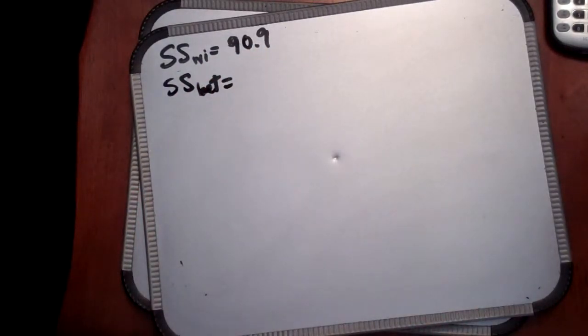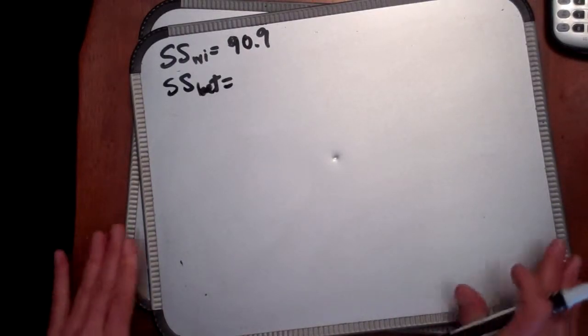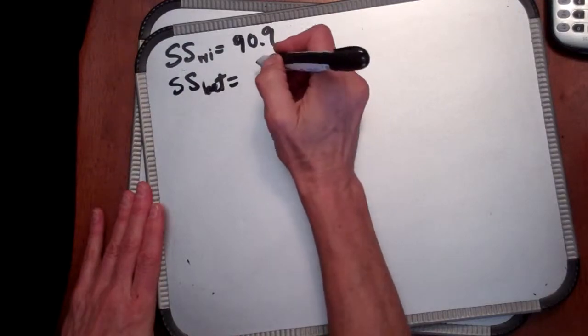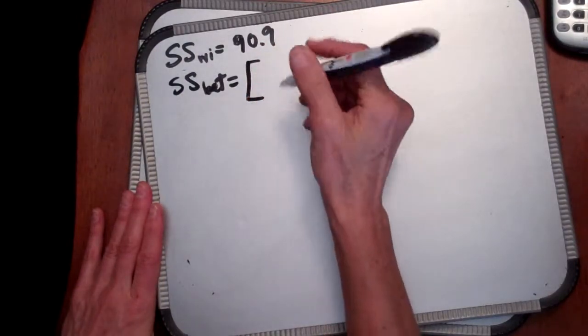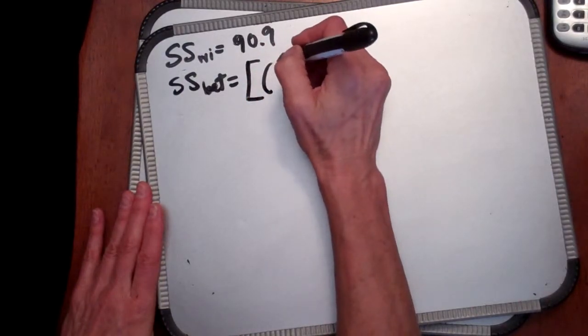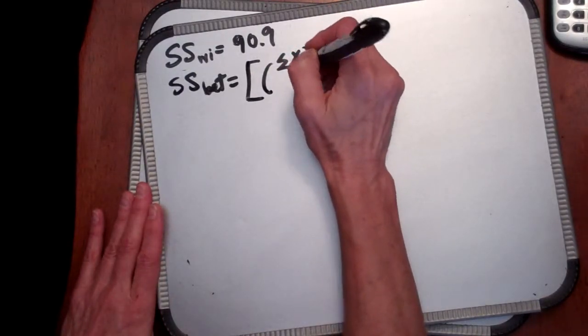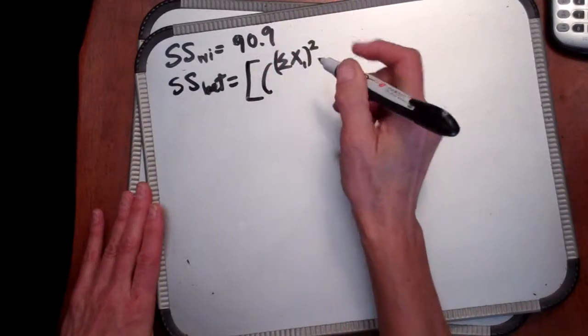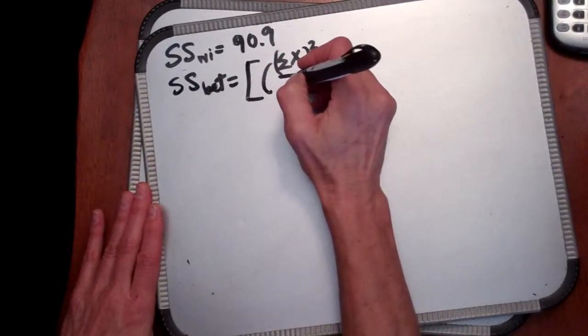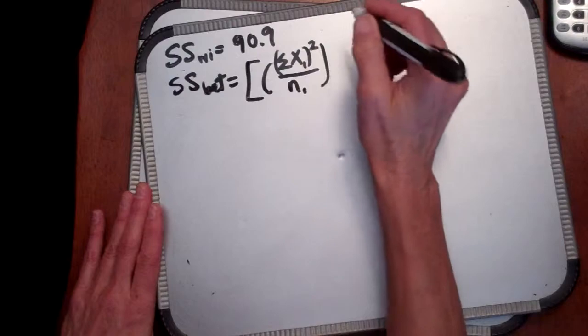All right, now the formula for sum of squares between that will reveal to you most clearly what's happening is probably this formula. And here you just take the sum of the x's from group 1 squared divided by sample size.